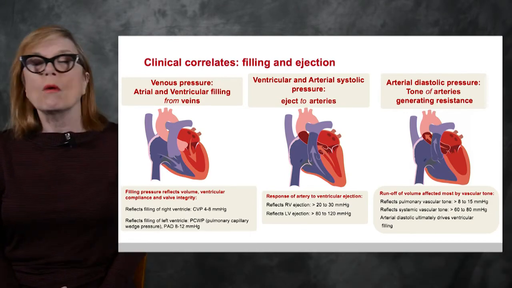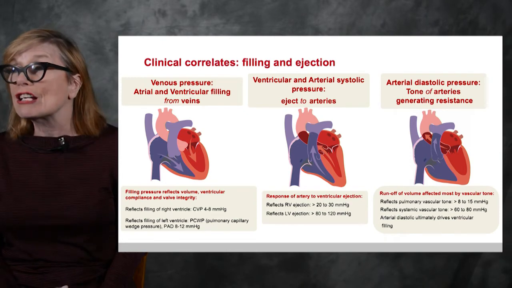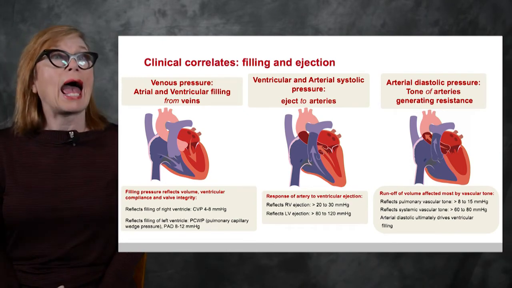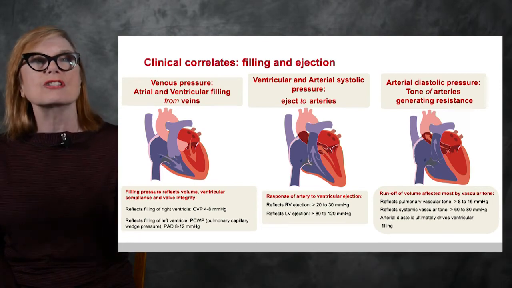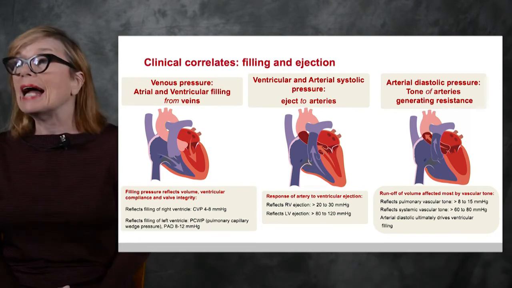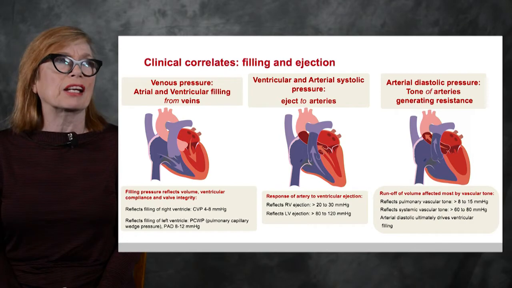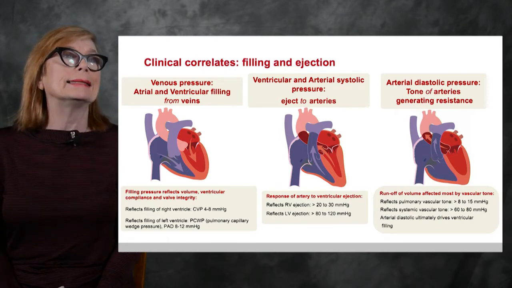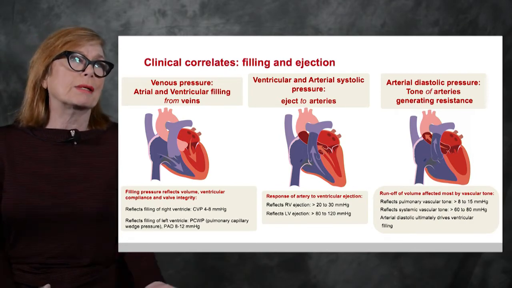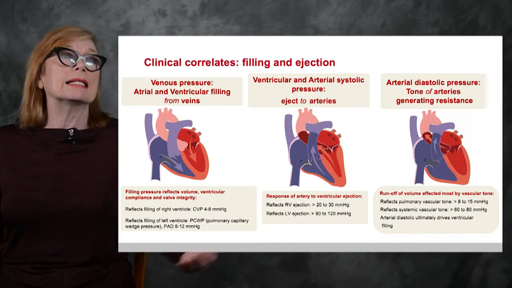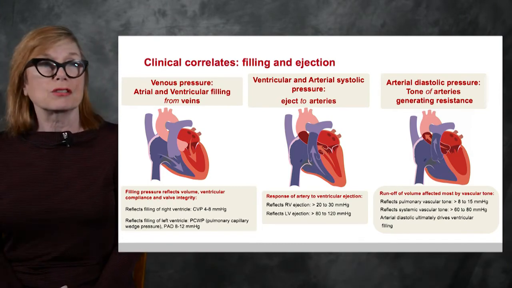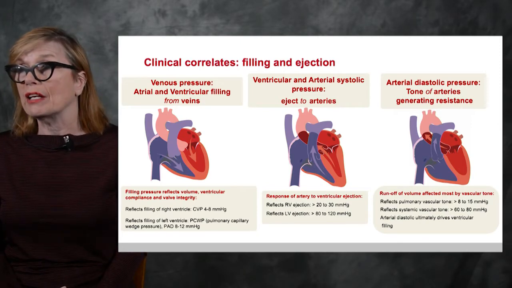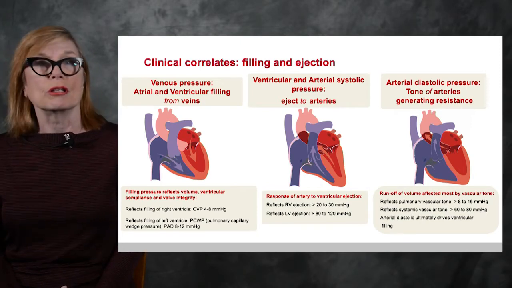So really what we think about is arterial diastolic pressure as a reflection of vascular tone. And that's the one that so significantly maintains and assists with perfusion. And that's because the MAP is a simple calculation between systolic pressure and diastolic pressure, most affected by diastolic pressure.